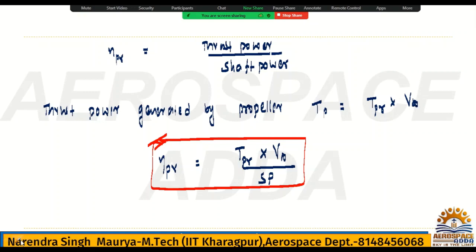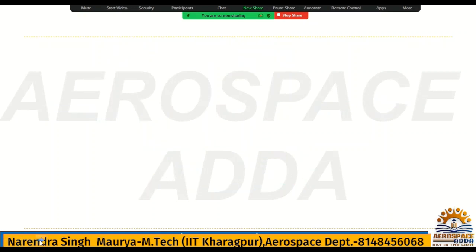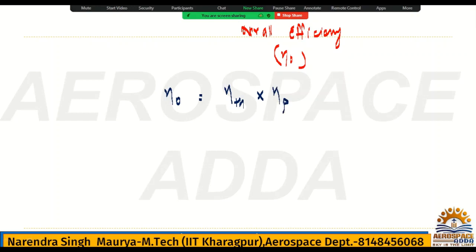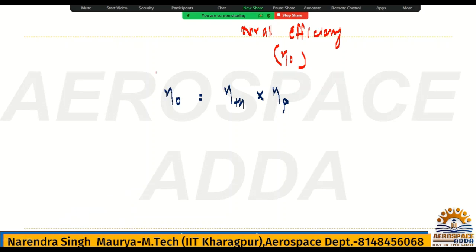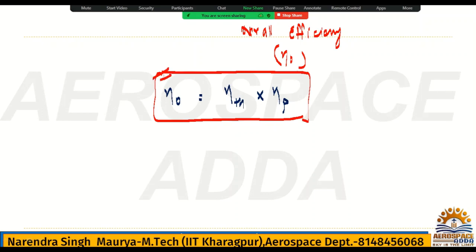Now we'll go for the overall efficiency. Overall efficiency is eta O. It is thermal efficiency into propulsive efficiency, that you should know. For all types of engine, you have thermal efficiency and propulsive efficiency, so you can calculate this.